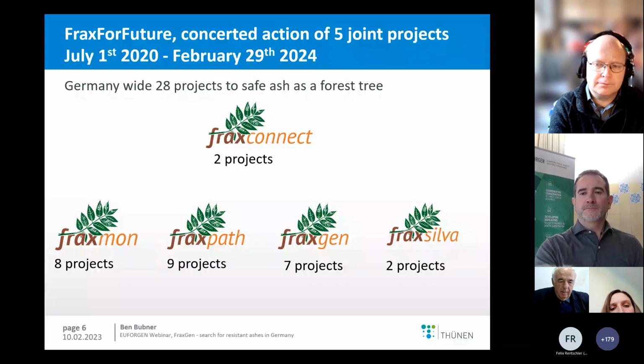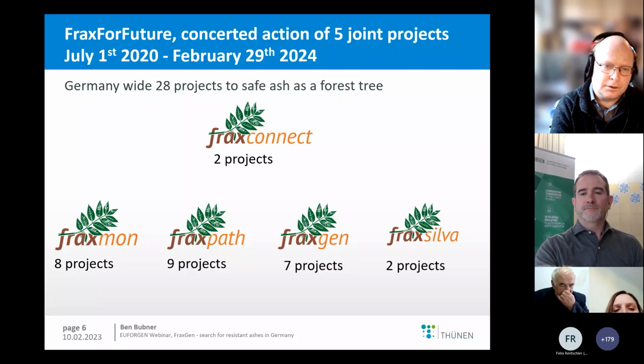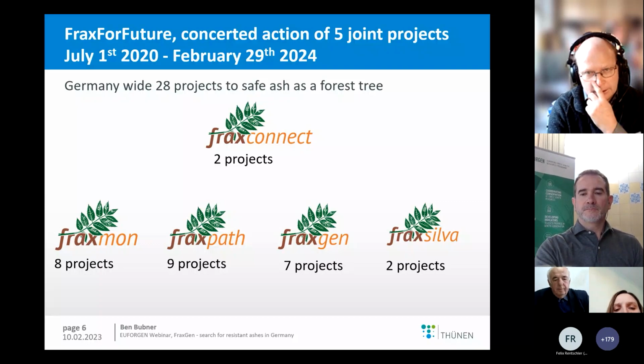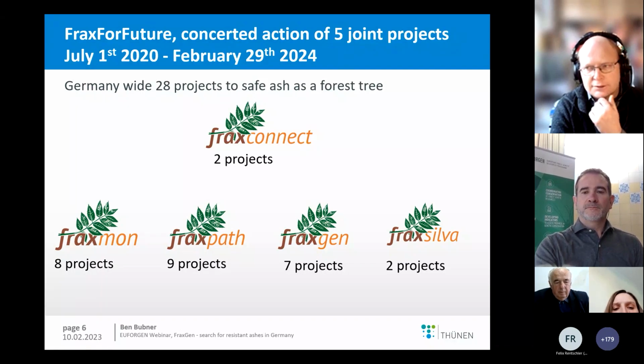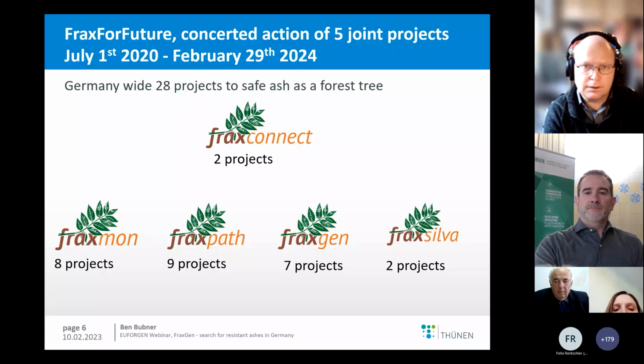And Frax Silver works with natural regeneration and how it can be used in silviculture to preserve the ash. And the general aim is to save ash as a forestry tree. We learned last week that ash will survive as a shrub, but we want to have trees.